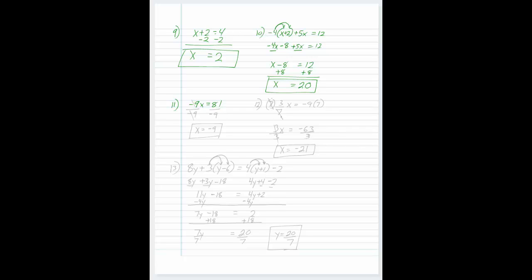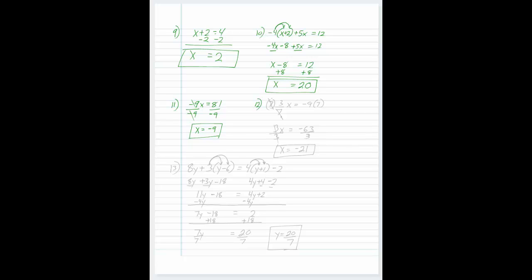So what's the opposite of multiply? Divide. Let's divide both sides by negative 9. Negative 9 divided by negative 9 is 1, so it crosses off, leaving x. And 81 divided by negative 9 is, well, negative 9. And that's it.